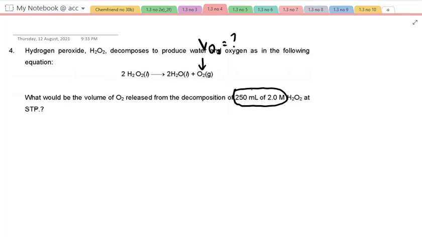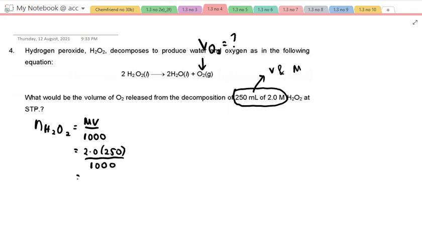Okay, if the question gives you the volume as well as the concentration, how many mL and how many molar, what to do is, of course, to calculate the mole. So you can calculate the mole of H2O2 by using MV per 1000. So molarity is 2.0 times the volume 250 mL divided by 1000. So the mole of hydrogen peroxide is 0.5 mole.